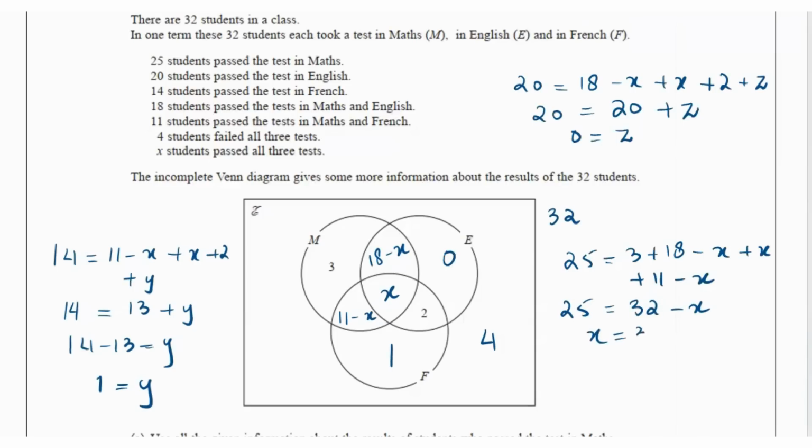So x is going to be 32 minus 25, which equals 7. Which means in the middle it's going to be 7. This is going to be 11 minus 7, which is 4. Then this is 18 minus 7, which is 11. And that is our entire Venn diagram with all of the values.